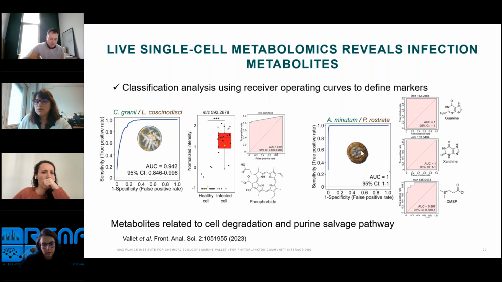And in the case of a parasitic infection of dinoflagellate, we also found a couple of compounds related to the purine salvage pathway. And this was done in complement by analyzing standards and, of course, confirming the identity of this accurate mass that we are discriminating in our dataset.